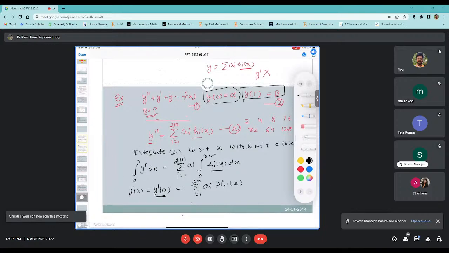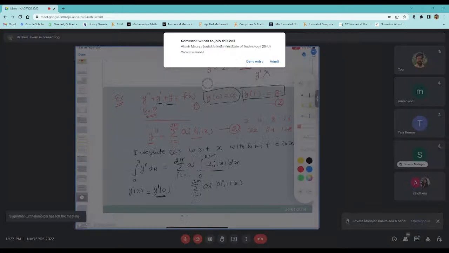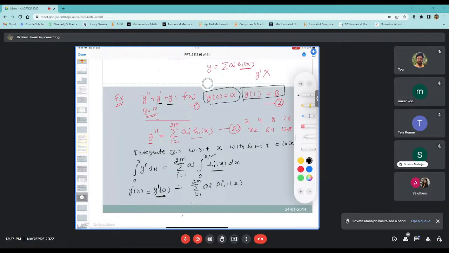Now integrate again, because I need y, since y is the solution. So y dash you will get here, and I take this to that side, so this becomes plus. Again integrate.